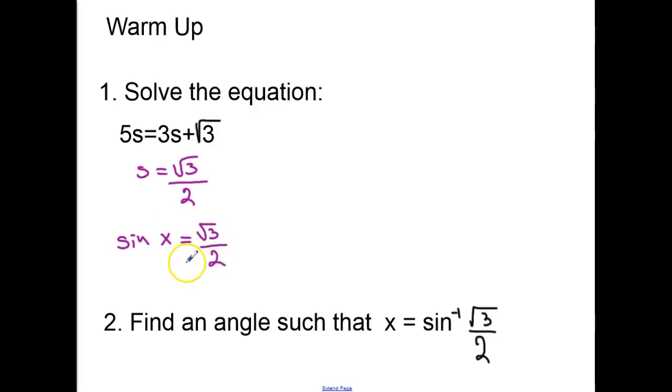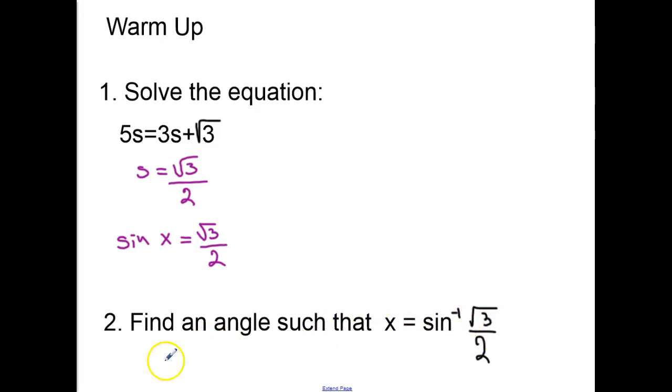If I'm trying to find x, really I'm looking for an angle which has a sine value of square root of 3 over 2. This is indeed what you were trying to find in question number 2. In question number 2, you were trying to find an angle, x, such that its sine value is equal to square root of 3 over 2.